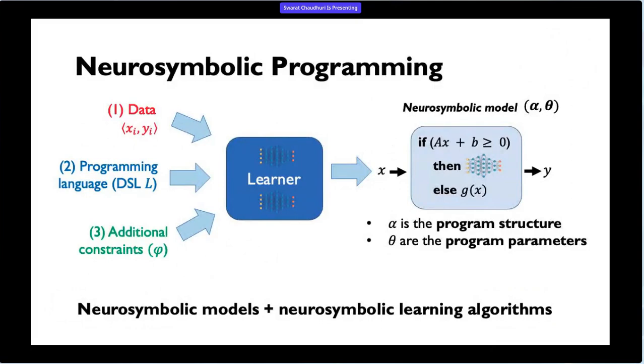we've already been talking a little bit about this neurosymbolic programming problem, where the goal is you have some data, you have a programming language, you have additional constraints, and what you're trying to do is learn a neurosymbolic model, where your goal is to discover both its structure, which we like to represent using this parameter alpha, that this is generally not a continuous parameter, but rather it's a set of discrete choices about the structure of the code, and this parameter theta that determines the continuous choices that you have within that model.